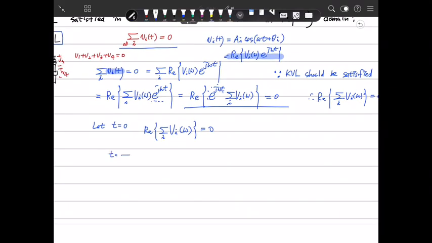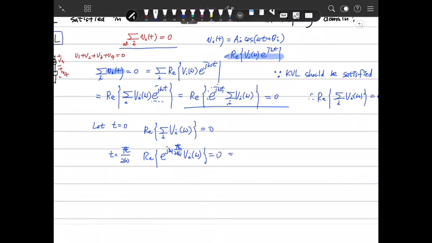Or let ωt be π, then the real part of e^{jπ} times Vi should be 0.